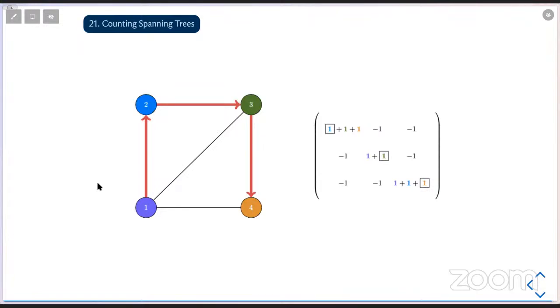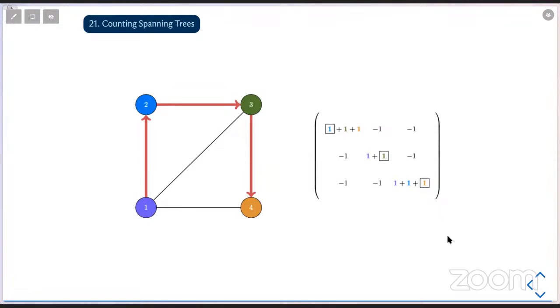And if there is an edge from 3 to 5, I'm not sure if you're asking what happens if this edge belongs to a spanning tree, then when does this edge materialize in the super expansion? That would happen from the 3-3 entry, which would have 1 plus 1 plus as many times as 3 has neighbors, and 5 would be one of those neighbors. So that's the same role that these orange plus ones are playing here. So if you have a fifth vertex, then L minus would have 4 rows and 4 columns. So I don't know if that helps with addressing whatever question you have in mind.